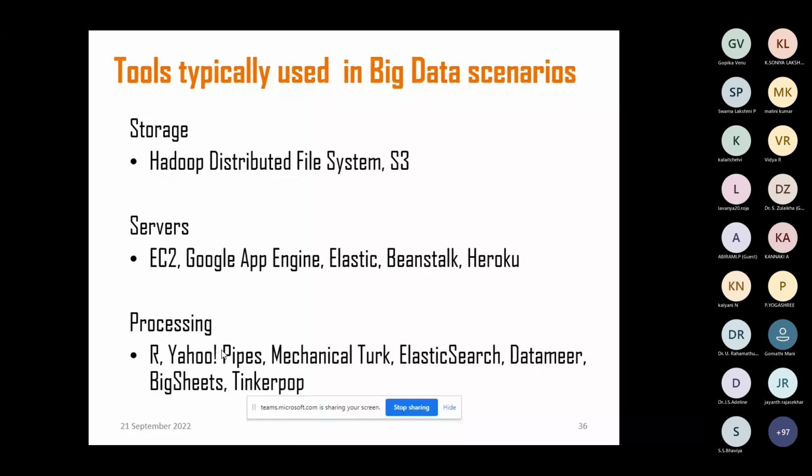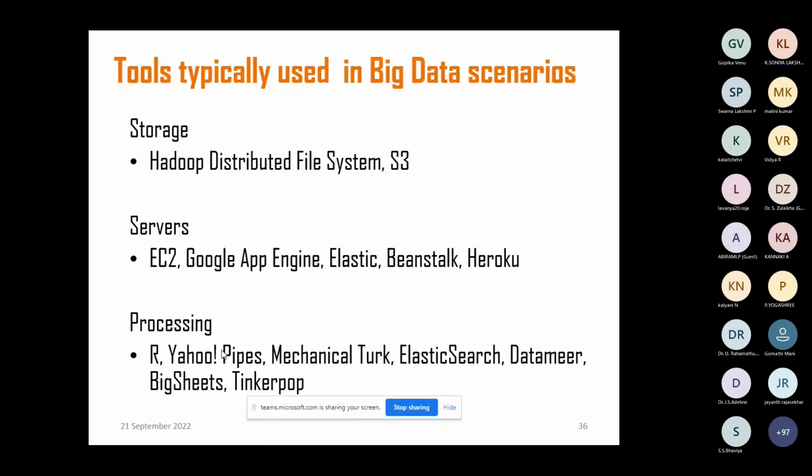And Mechanical Turk is another one, where Amazon is using this to outsource the business. It is a kind of service provided on the Amazon platform. If I want to outsource my business in terms of processes and jobs which are to be distributed across different workforces, in such cases Mechanical Turk is being used, and it is from Amazon. And another one is Elasticsearch.